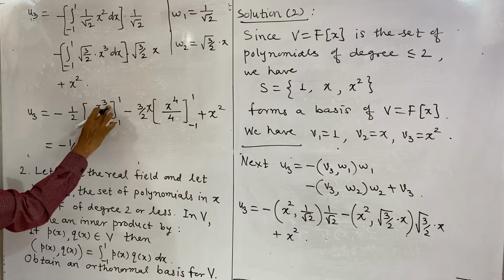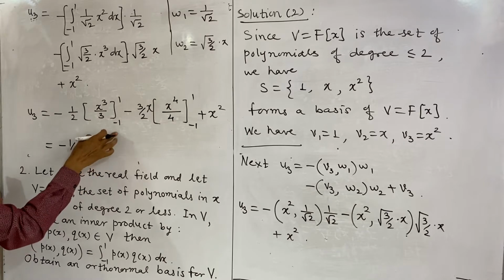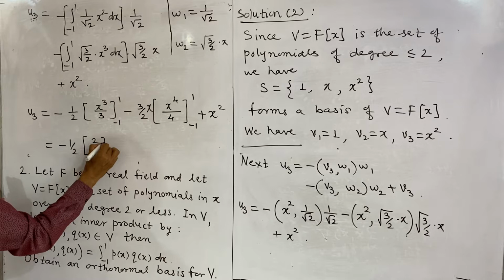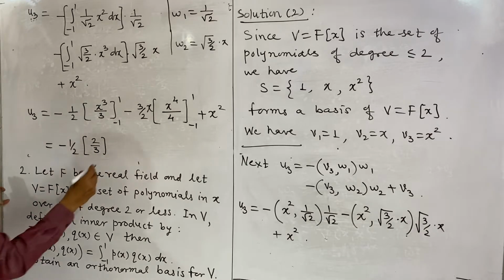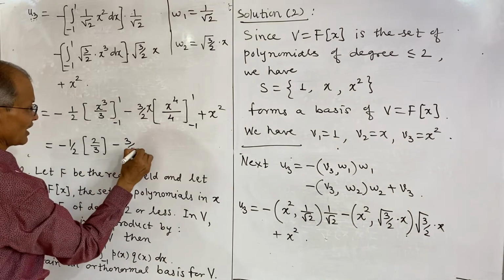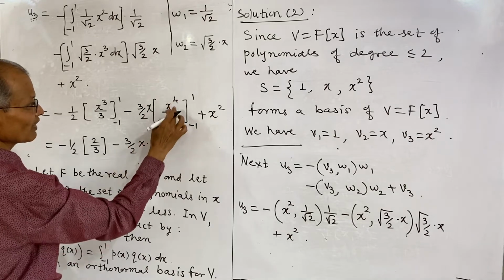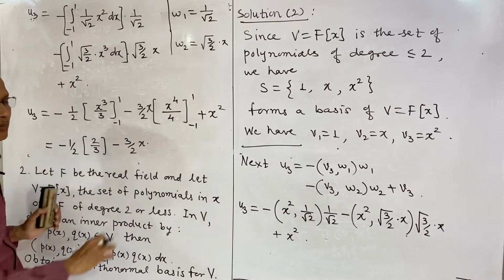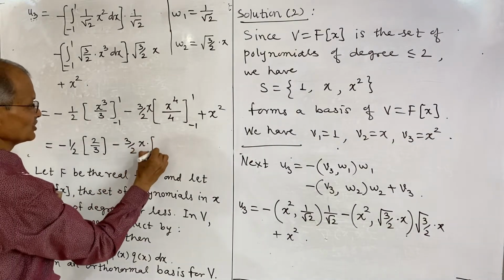See, the upper limit is 1/3, minus again minus 1/3, that will be 2/3. This value is 2/3, check it. Minus 3 by 2 times x, and this is 1 by 4 minus again 1 by 4, because minus 1 power 4 is 1, so that will actually be 0.